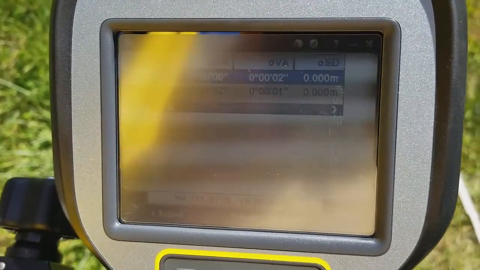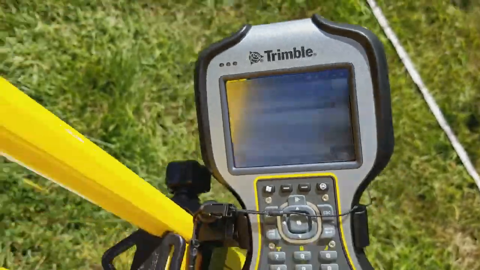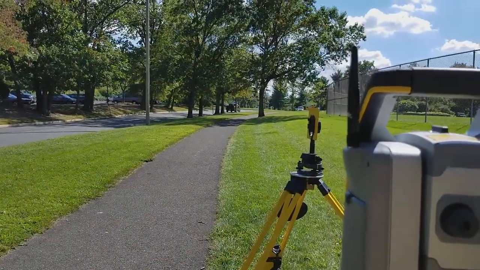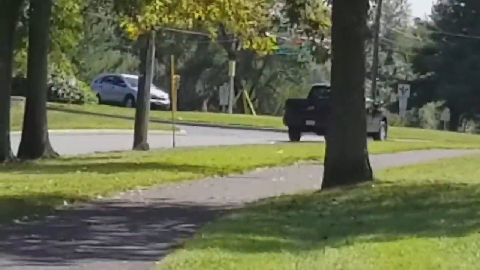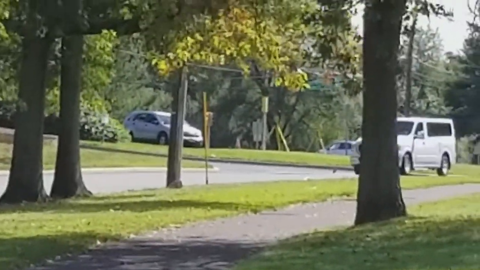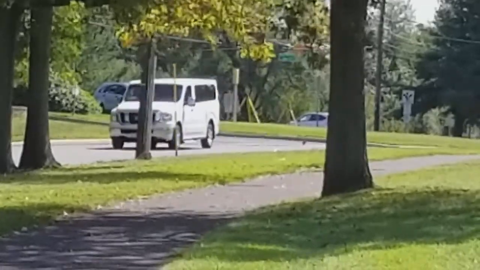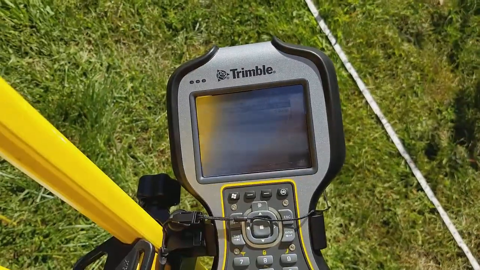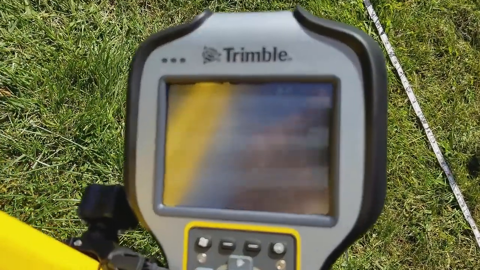Well, there's the results of this last set here at Station 5, measuring between the two targets way, way, way back there. I had to turn these manually, and that's why I couldn't video the robot turning, because I was turning it.